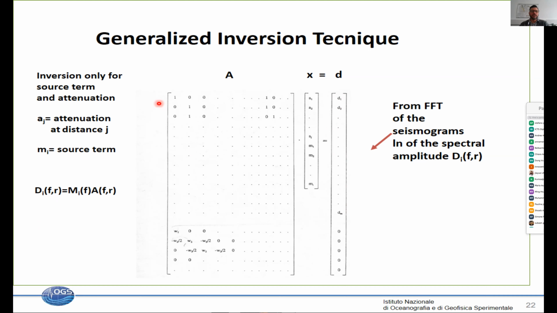I will have a matrix A where I have a certain number of columns. The number of columns can be, okay, let's say I have a range of distance of recordings from 0 to 100 kilometers, from the minimum distance in my data set to the maximum. And I decide to divide this distance in bins of 10 kilometers.